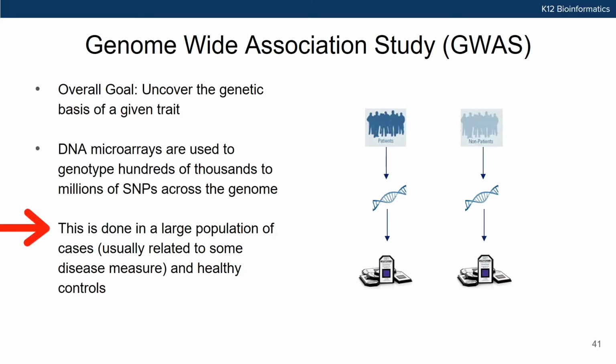This is usually done in a large population of cases, usually related to some sort of disease measure, and healthy controls. You can see a nice rundown of a GWAS over to the right, where we have a number of patients or cases and a number of non-patients or healthy controls. And we then genotype these SNPs in a very large population.